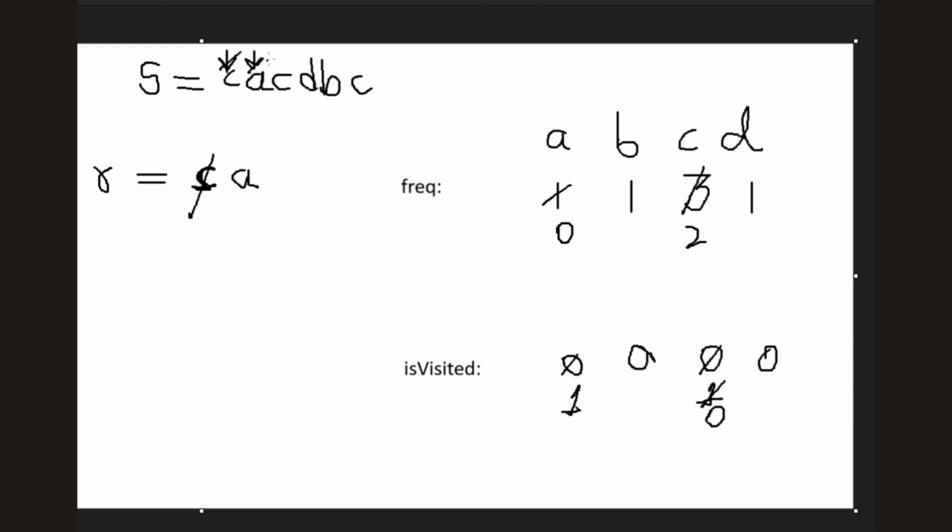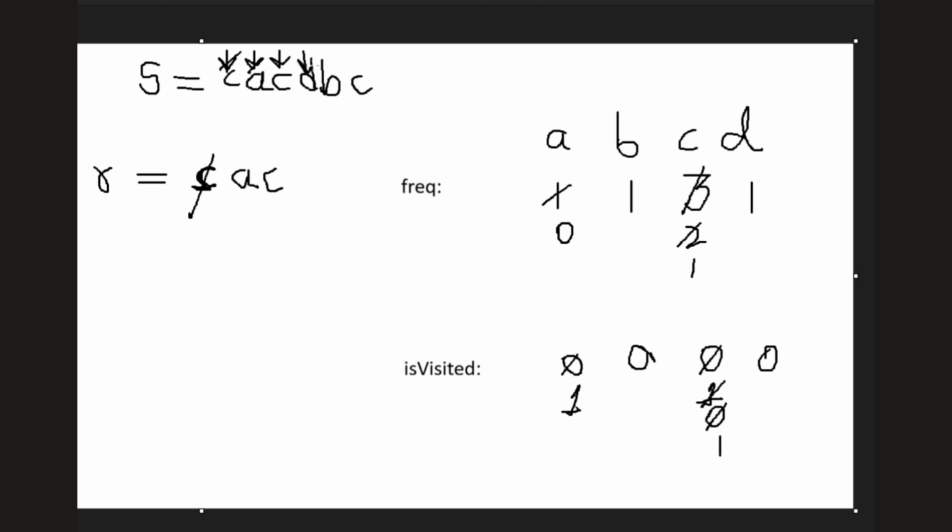So now we move the current pointer to C and we compare C and A. Since C is lexicographically greater than A, we do not pop A. We just add C beside A, and we decrease the frequency to 1 because there is only one C left after this, and we also mark C as visited.